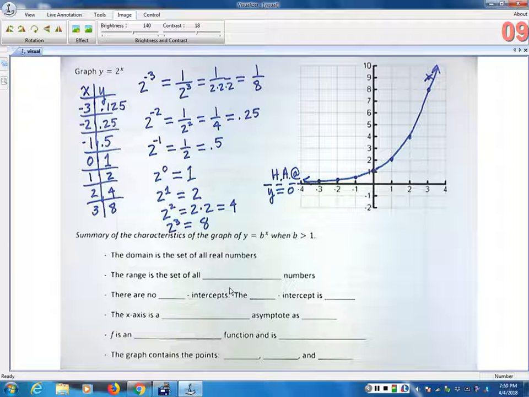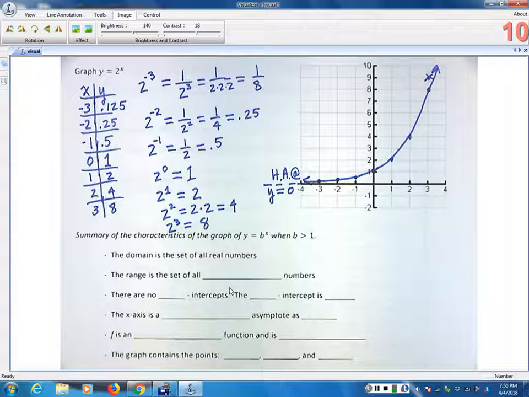So you're going to just have to memorize that the asymptote of y equals b to the x is a horizontal asymptote at y equals 0.